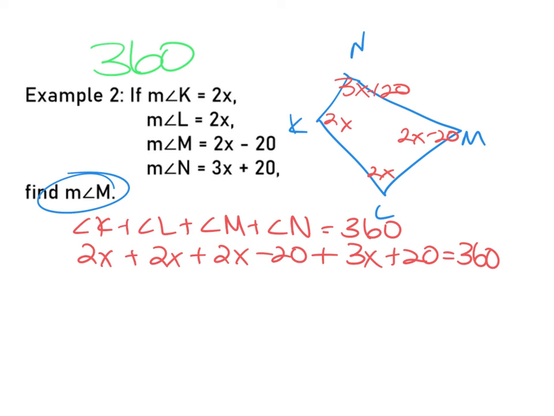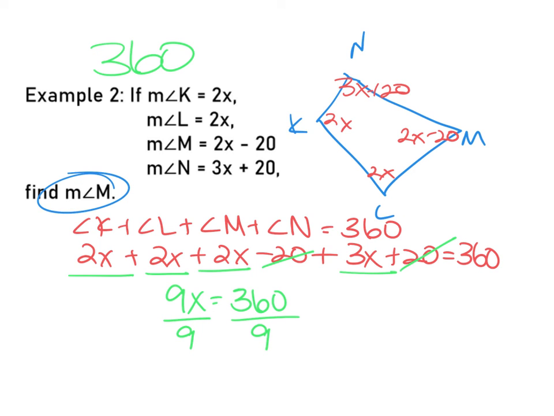Okay, now let's look at like terms. So I have 2x, 4x, 6x, 9x. And then I have a negative 20 and a positive 20. So if I add those together, they get 0. So they cancel out. And then that just equals 360. Divide by 9. And I should get x equals 40.